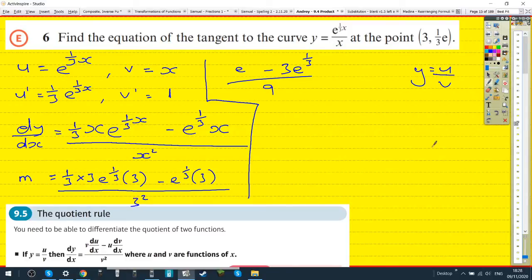What is next? So now do I just sub in? Do I just do a 30 equals e minus 3 to the third over 9 times 3 plus c?